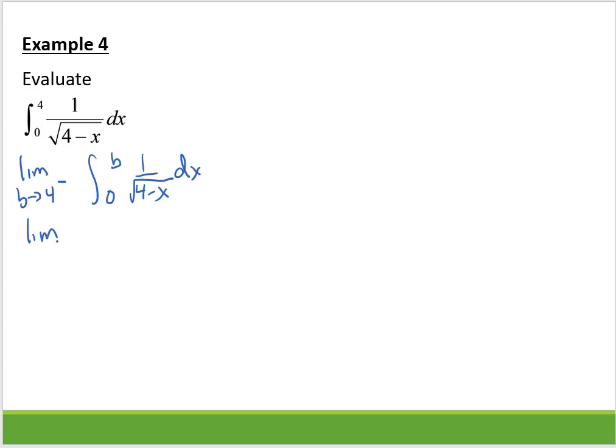So now when I take the antiderivative of that, and I will try not to bore you with this, it turns into negative 2 times (4 minus x) to the 1/2 power, evaluated from 0 to b.